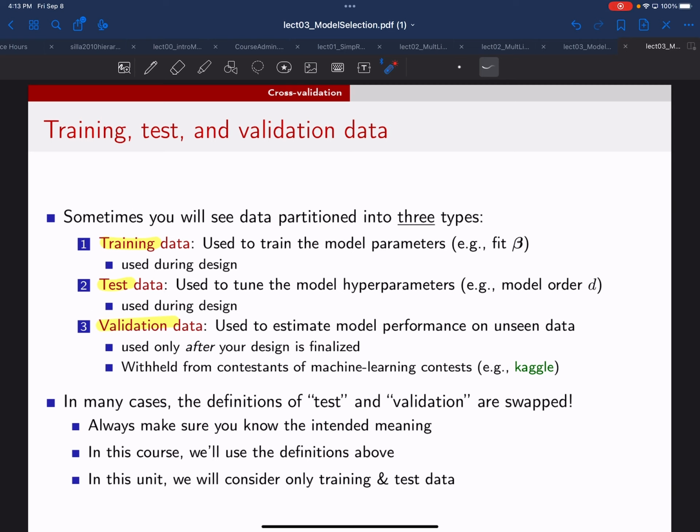But then the people running the competition will be holding privately another set of data, another fold that's the validation data, because they never share it with the contestants, obviously the contestants cannot use it. They can't cheat with it. And so the competition is scored based on that final privately held data. Okay, so that's one place this will show up.